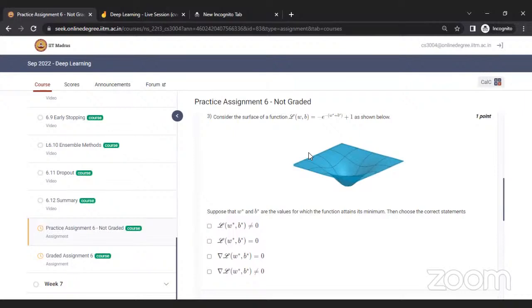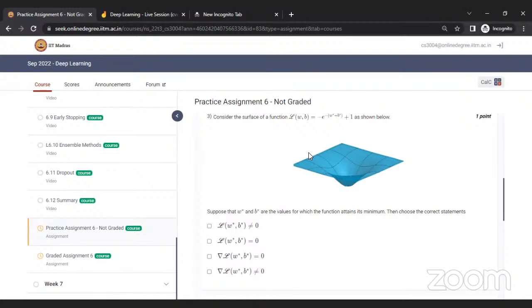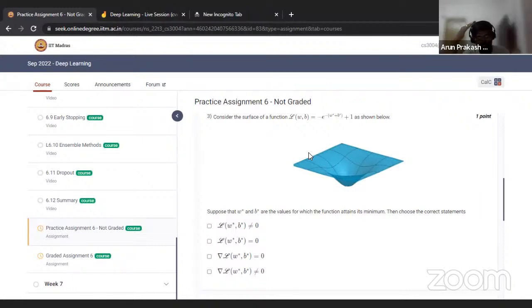Correct. The one thing that you can exploit is that this is an exponential function, right? And the exponential is monotonically either increasing or monotonically decreasing, and unless we negate it, it is going to be positive, right? Now we negate it.